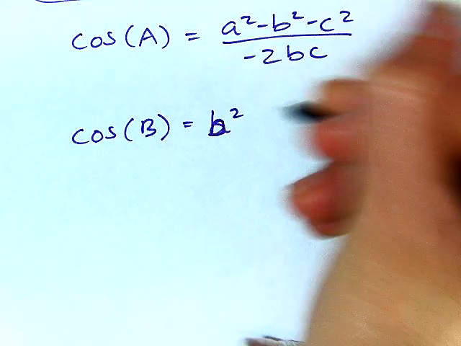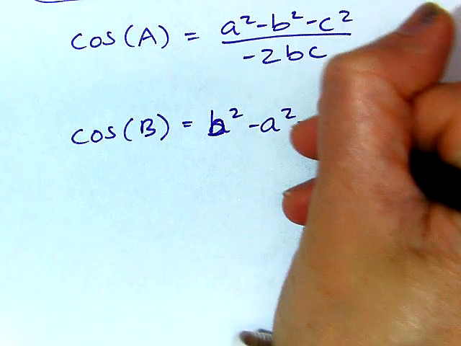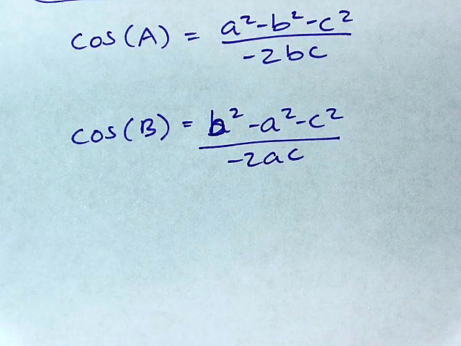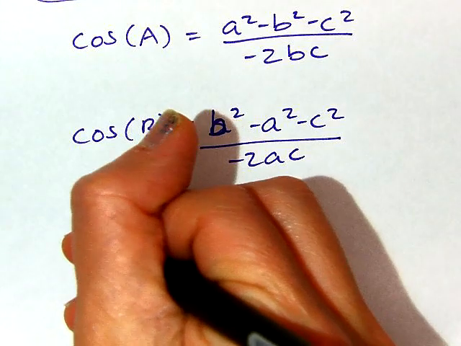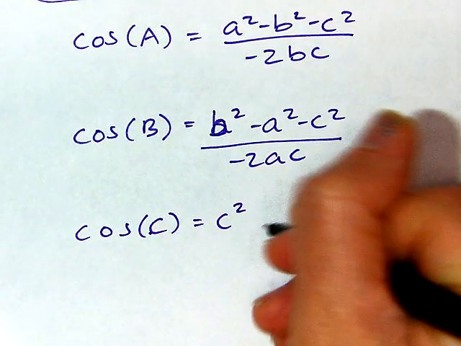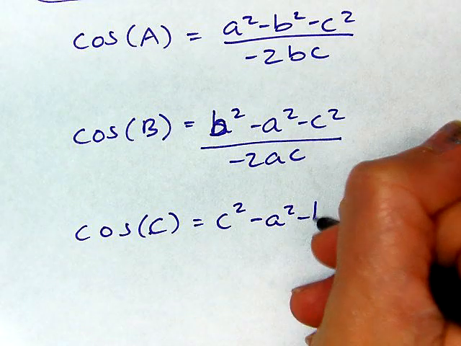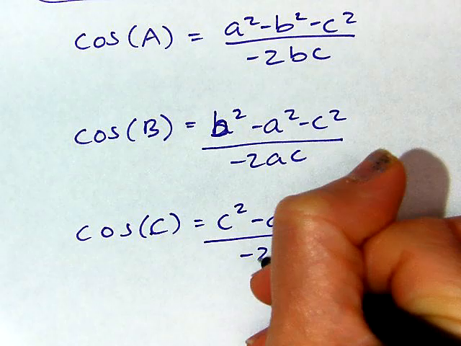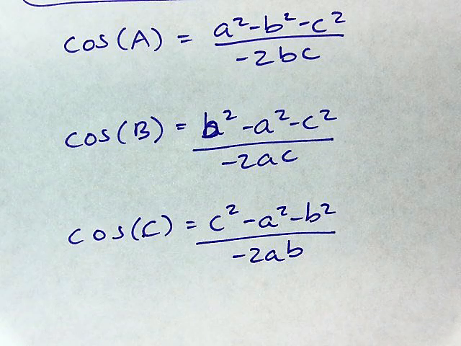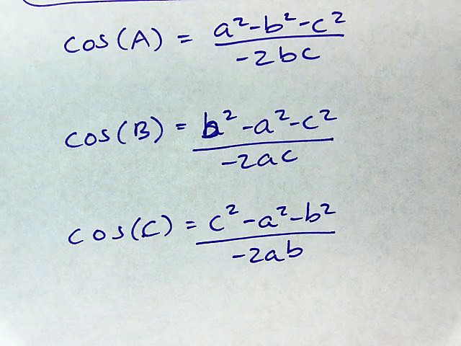Wait, that should be a B. And for angle C, it's going to look like this. So depending on which one you have, you can use any of those formulas. Again, that might be something you want to pause the video and go ahead and copy down.